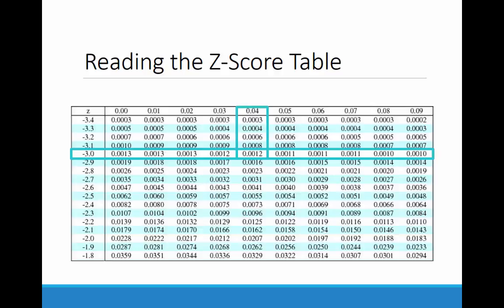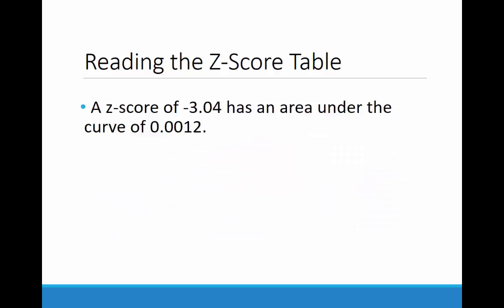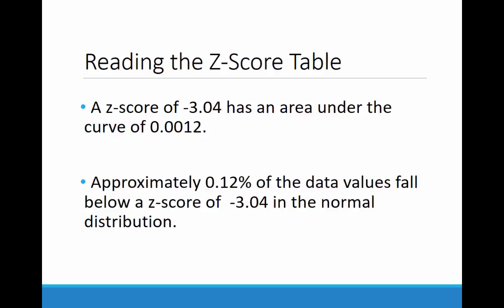Wherever these two overlap gives us the approximate area under the curve of our normal distribution. We see then that a z-score of negative 3.04 has an approximate area under the curve of 0.0012, or approximately 0.12% of the data values will fall below a z-score of negative 3.04 in our normal distribution.